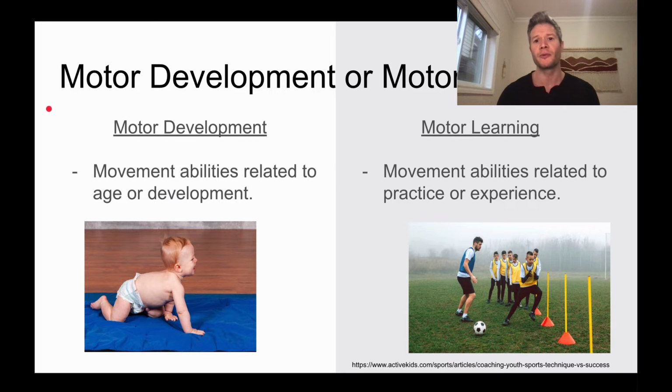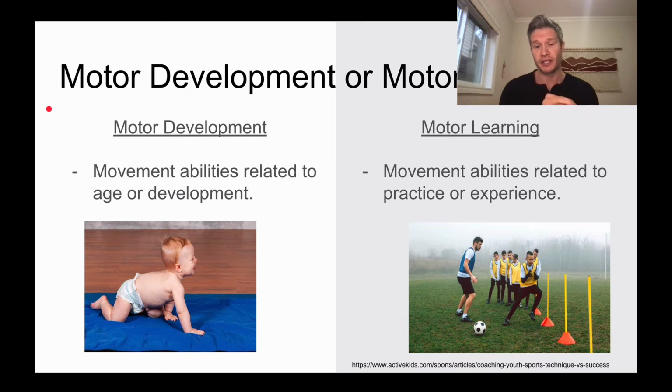So motor development or motor learning. A lot of the times students and sometimes even academics have trouble separating the two. So motor development is the motor abilities, and motor just means moving, right? So moving development or moving learning. So motor development is the movement abilities related to age or development.